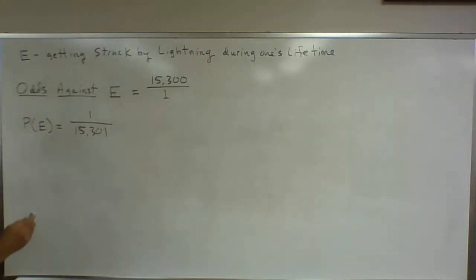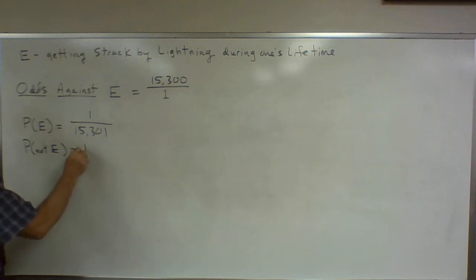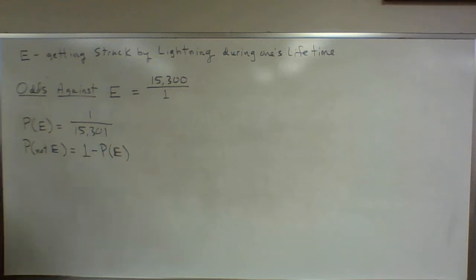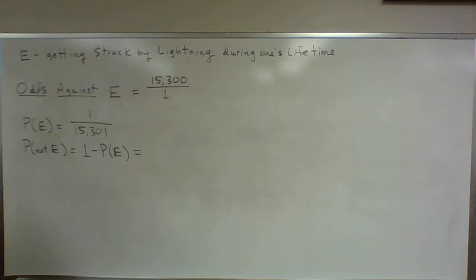So, what about the probability of not getting struck by lightning? Well, that's going to be 1 minus the probability that a person does get struck by lightning. And what does that work out to?